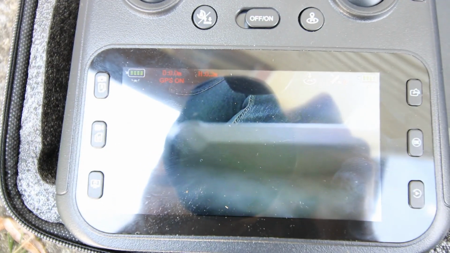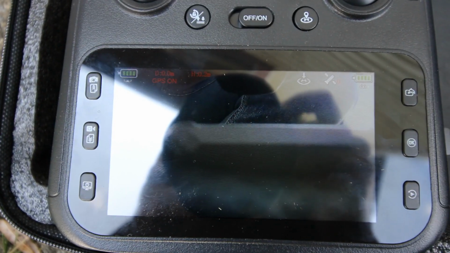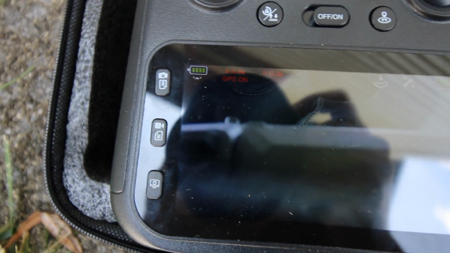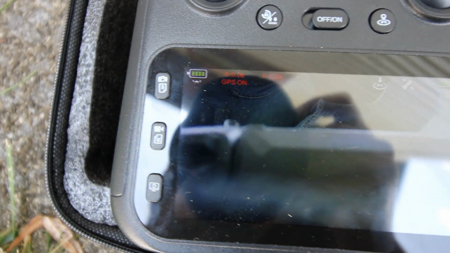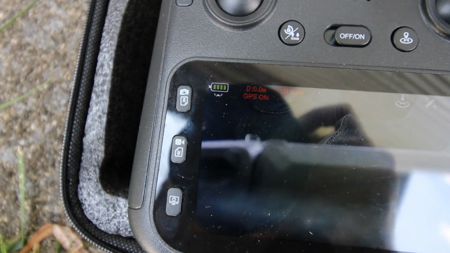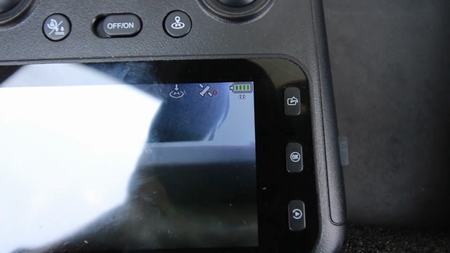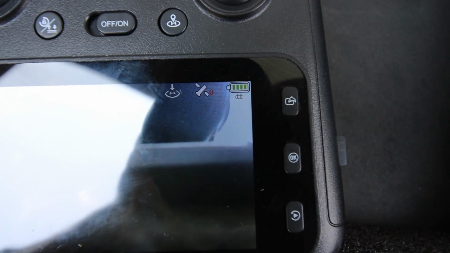But yeah, I have the wide angle lens on right now, so I'm not so sure how well I can zoom in here. Okay, it's quite dark, but you can see up there at the left-hand corner is the drone battery, and that over there is the remote battery.